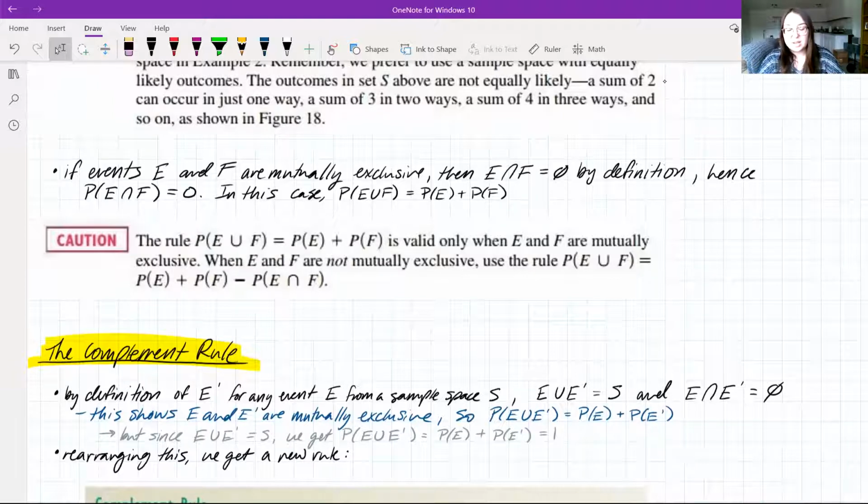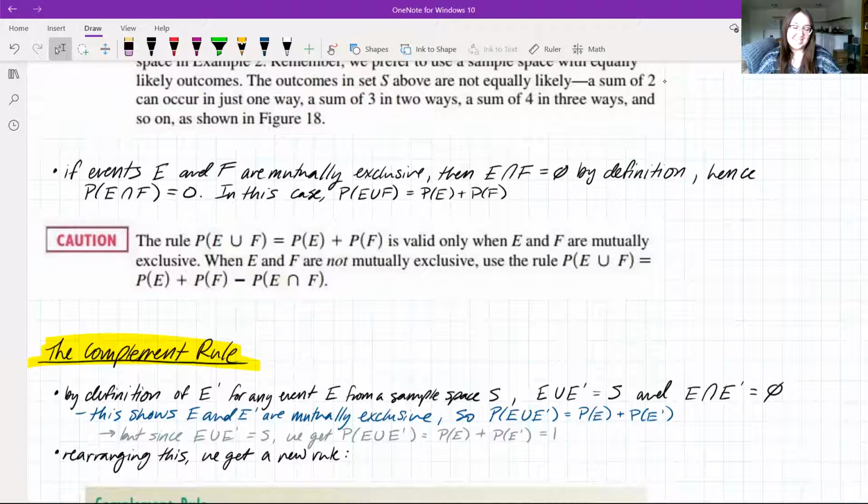So in this case, the probability of E union F is equal to the probability of E plus the probability of F. That was the same thing we had when we were using our union rule to find the number of elements, when we were also doing this with disjoint or mutually exclusive sets. It's the exact same rule that we could use before, and now we're doing probability instead of number of elements.